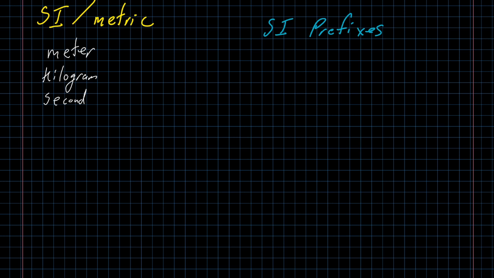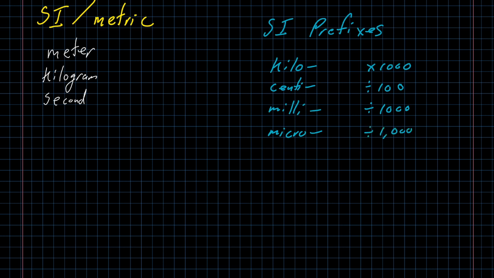But you should be familiar with kilo, which means times 1,000. You should be familiar with centi, which means divided by 100. Milli, which means divided by 1,000. And micro, which means divided by 1,000,000.